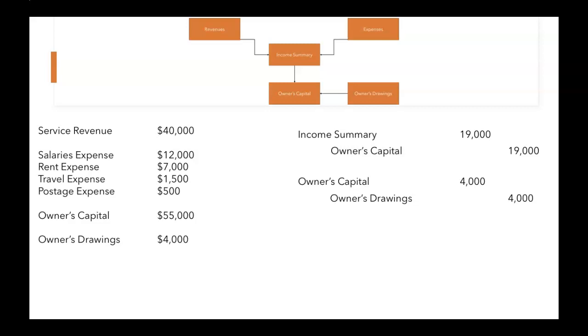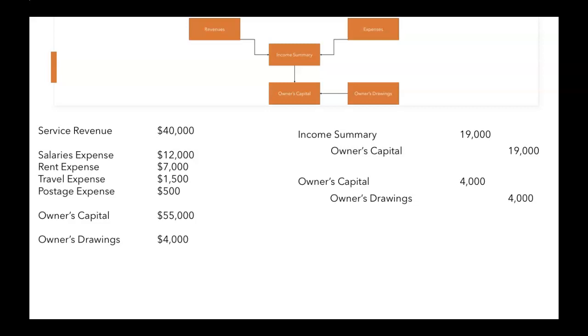Taking a look at these last 2 closing entries that we made. When we closed our Income Summary, you'll also hear that as closing your net income or loss. We found that $19,000 by taking our total revenues and subtracting our total expenses.